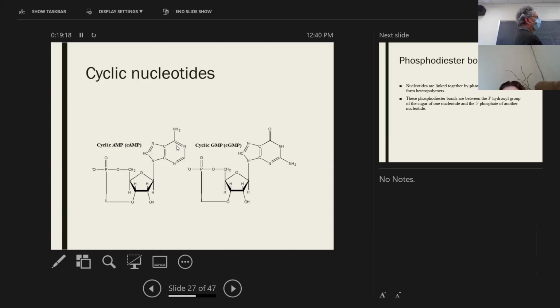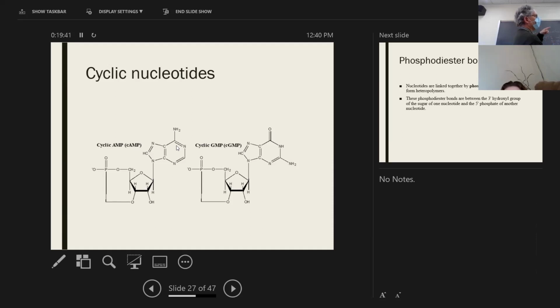So the hydroxyl group here and the oxygen here, you essentially lose the water and you form a bond between the 5' phosphate and the 3' hydroxyl. Same thing with cyclic GMP.